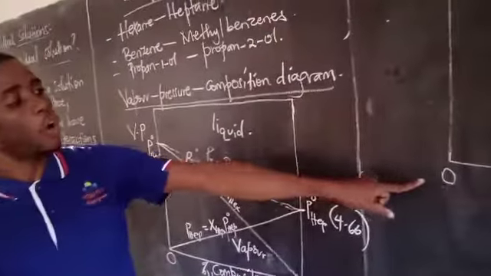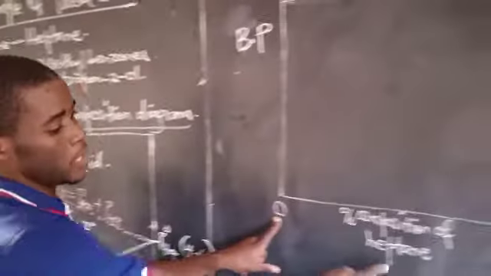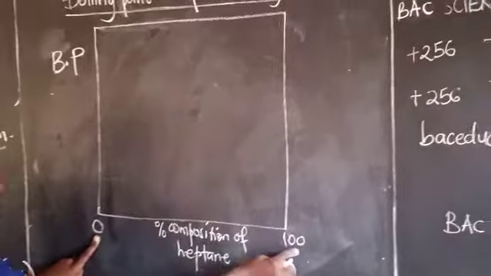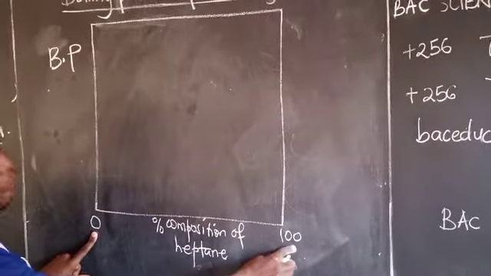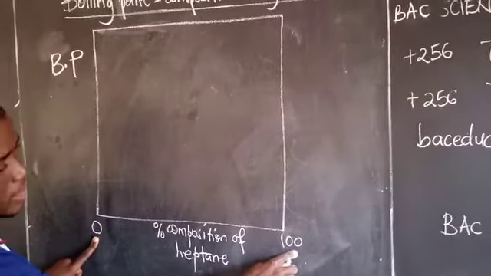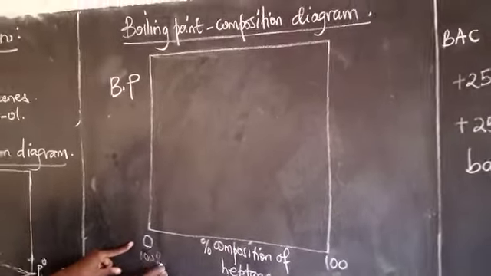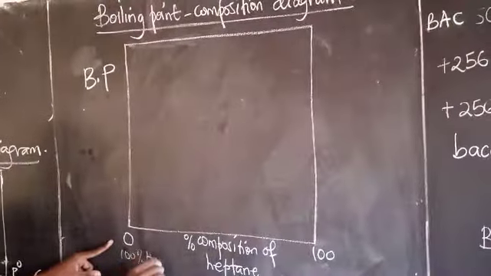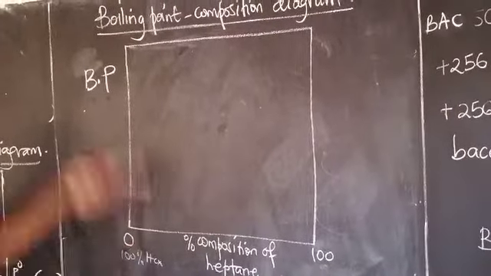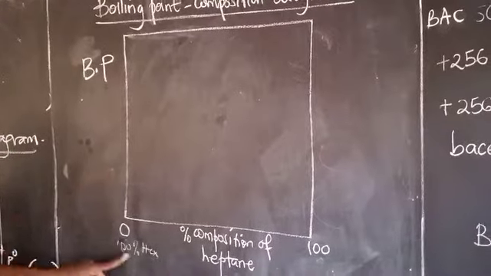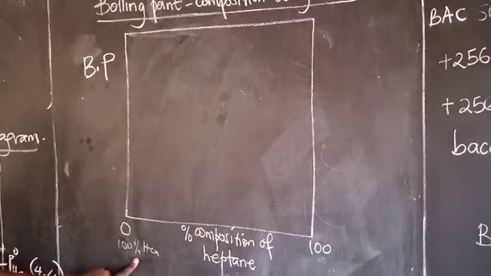An indicator that if this is 0% heptane, it is 100% hexane. If this is 100% heptane, it means that you have 0% hexane. So at this point, you can consider yourself having 100% of hexane, since the other one is 0. So if you have boiling point along this line, it will be the boiling point of pure hexane.